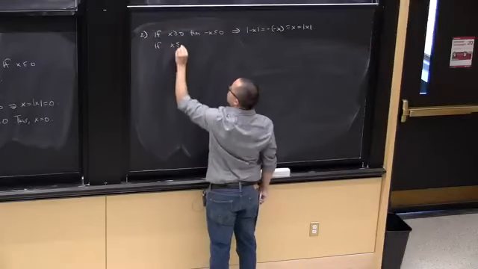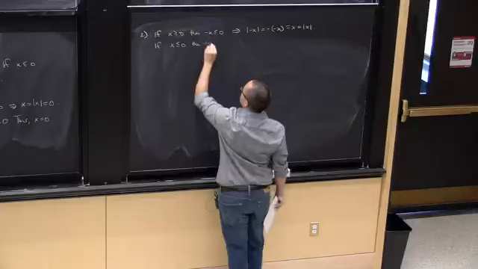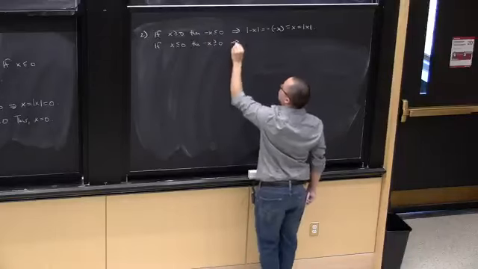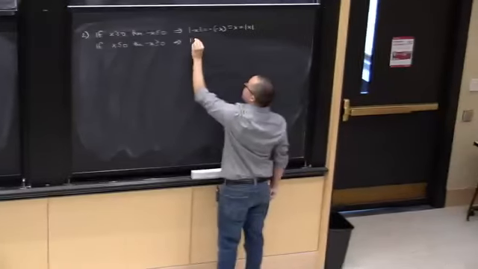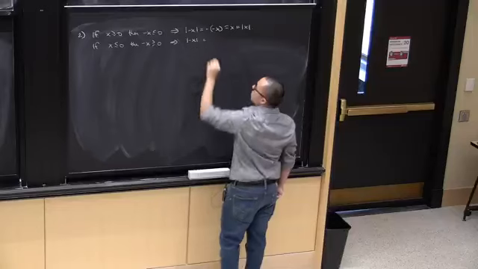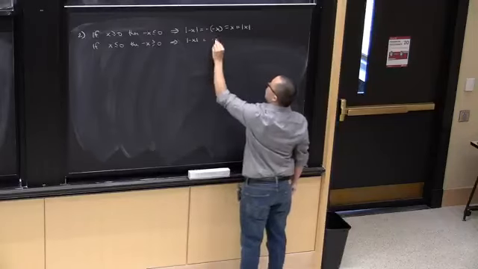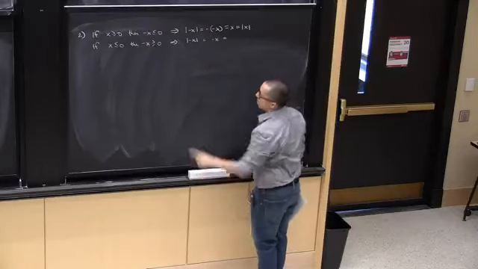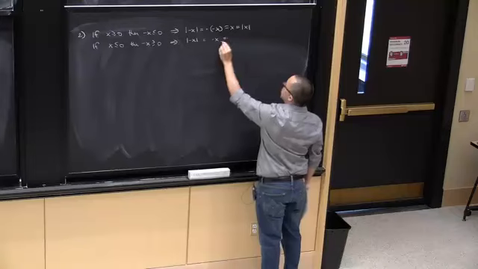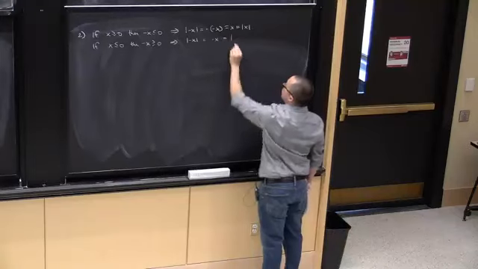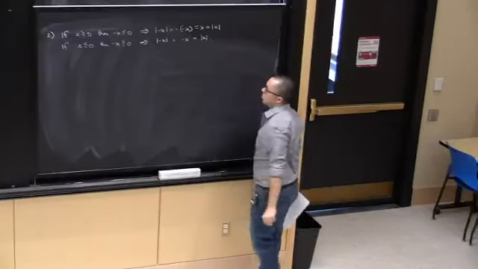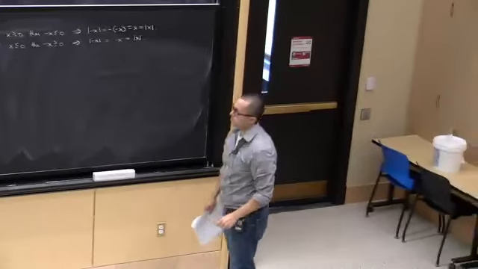If x is less than or equal to 0, then minus x is bigger than or equal to 0, which implies that the absolute value of minus x is equal to minus x, which is, since x is less than or equal to 0, and by the definition of the absolute value, equal to the absolute value of x. So that proves 2.